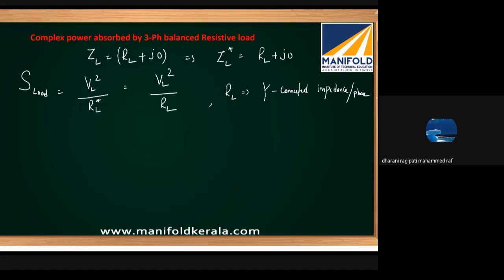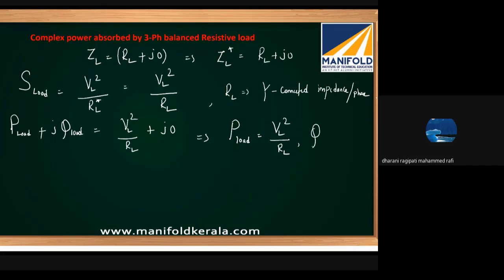Understand? Your S_L is active power absorbed by the load plus j into reactive power absorbed by the load. If you compare with this one, it is V_L square by R_L plus j0, which implies the load only absorbs real power whose value is V_L square by R_L, whereas the reactive power absorbed by the load is 0.